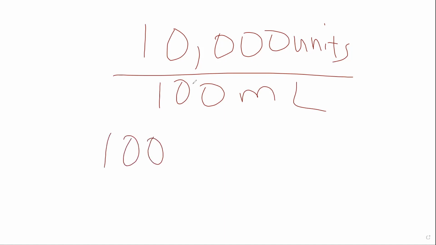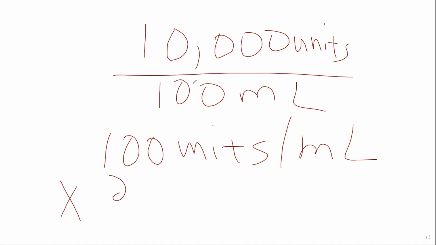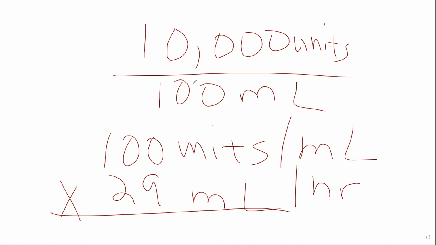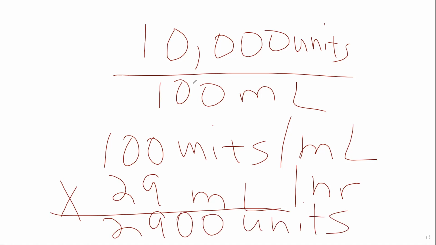So we have 100 units per ml. And running are 29 mLs per hour, right? Yes. Okay, so that gives us 2,900 units. Okay, I got it. Thank you.